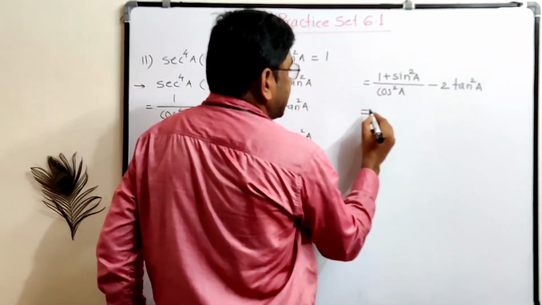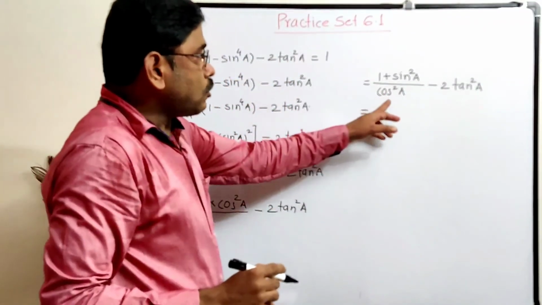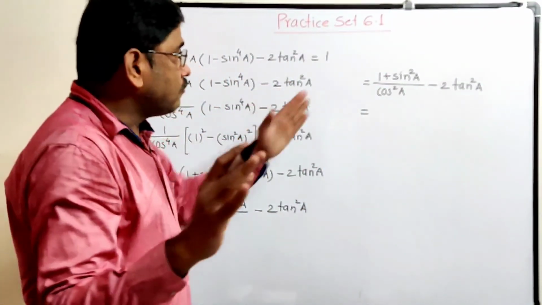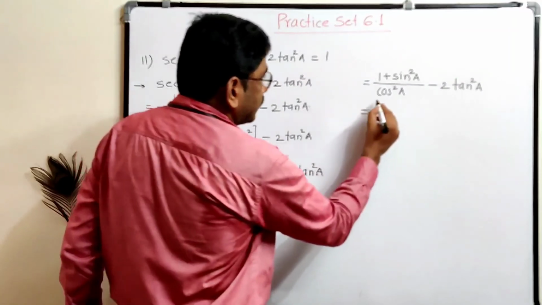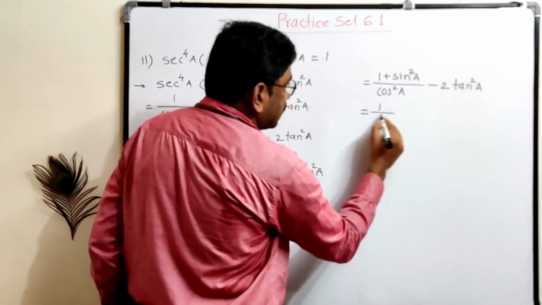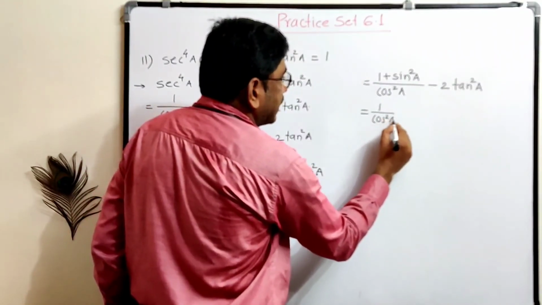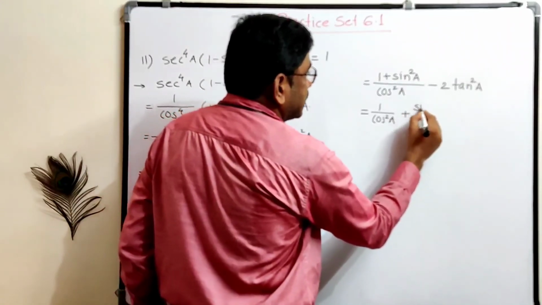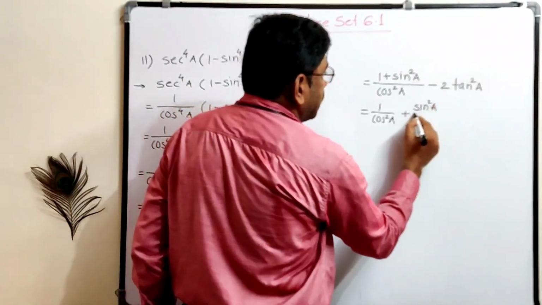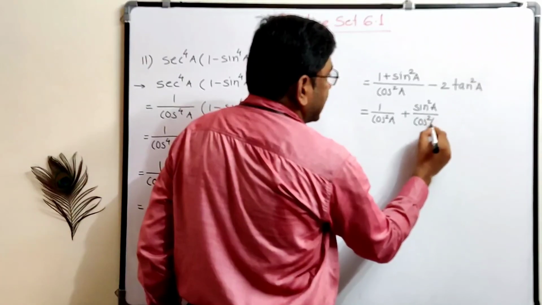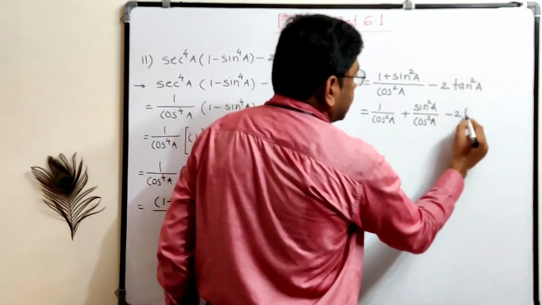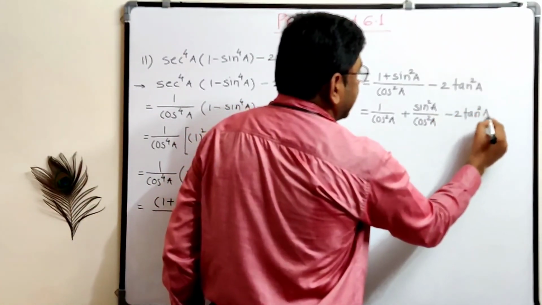So this becomes, this cos square a separate करो अभी, 1 upon cos square a, so here it is 1 upon cos square a plus this sin square a upon cos square a and minus 2 tan square a.